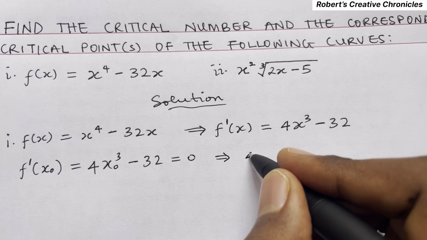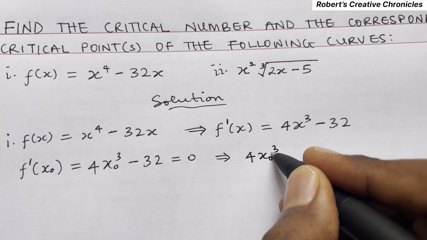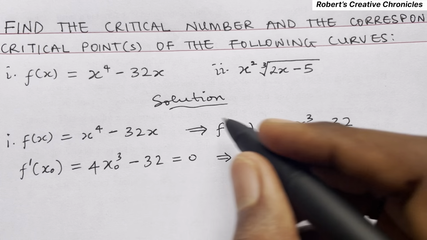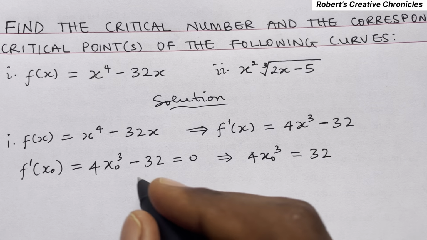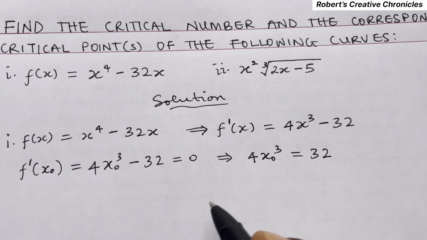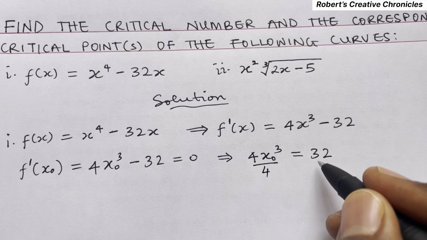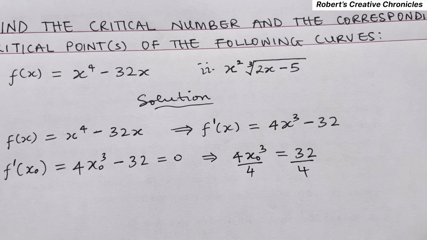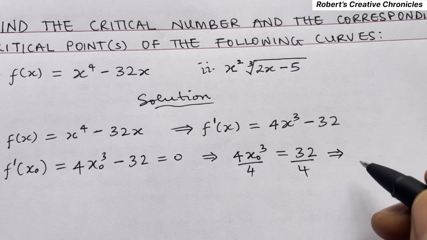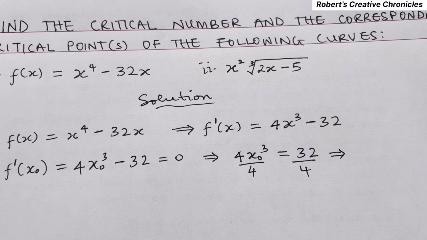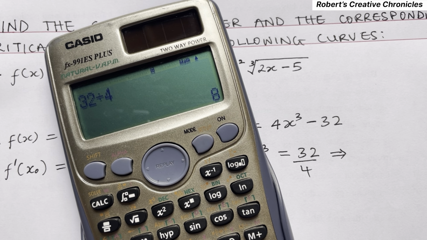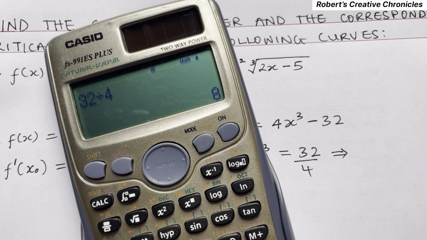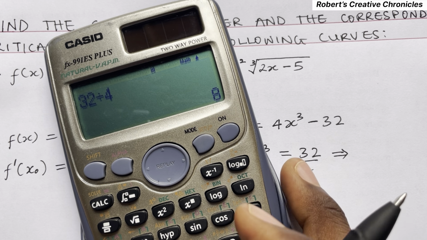This becomes 4x naught cubed is equal to, if you take this to the other side, 32. So we'll divide both sides by 4. 32 divided by 4 is 8.